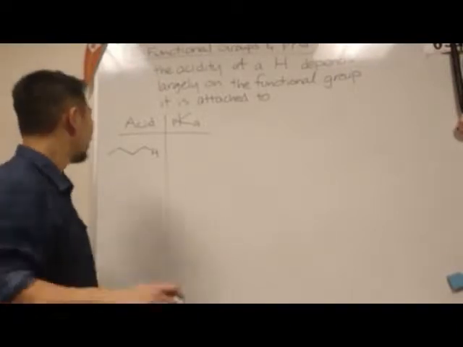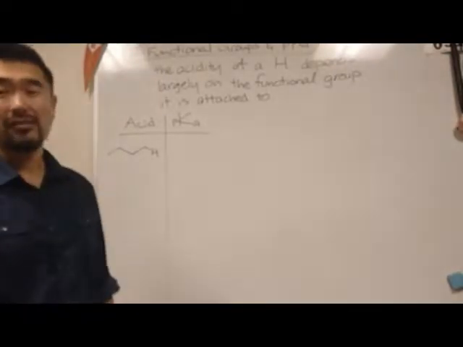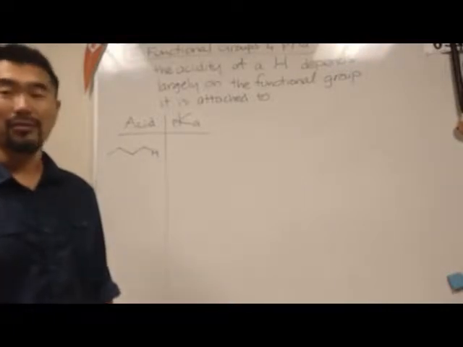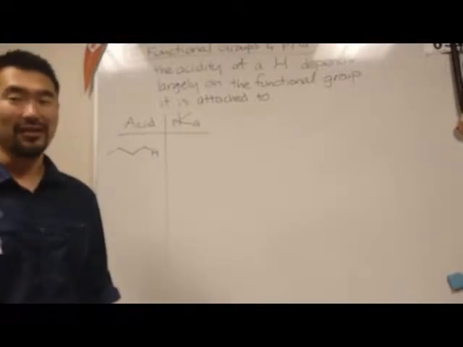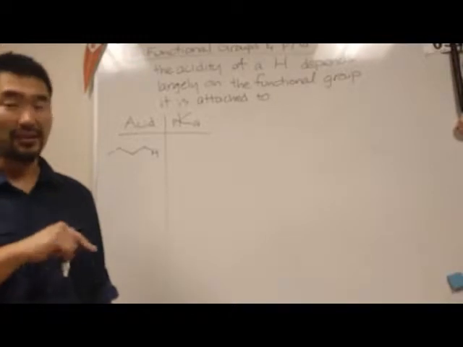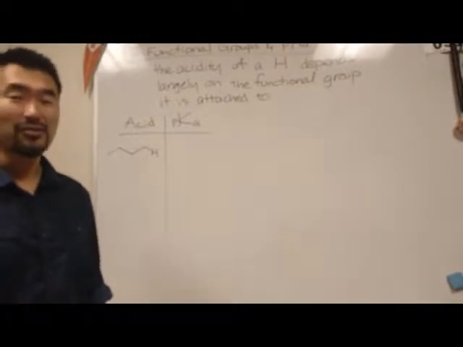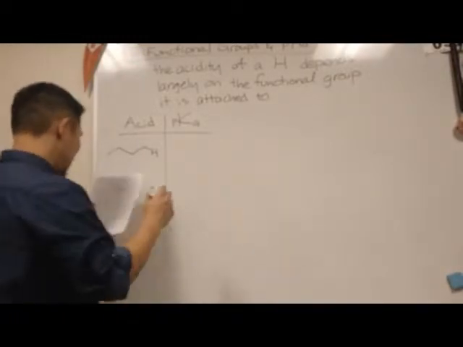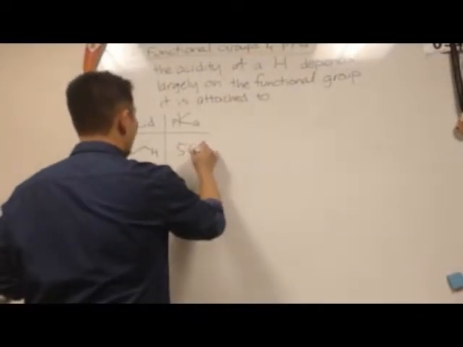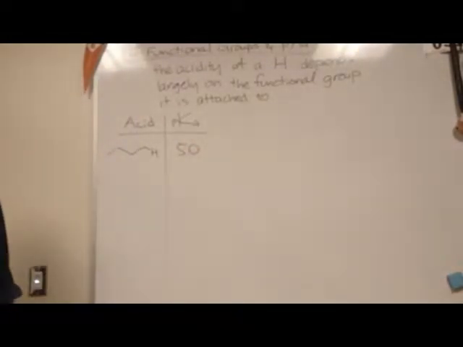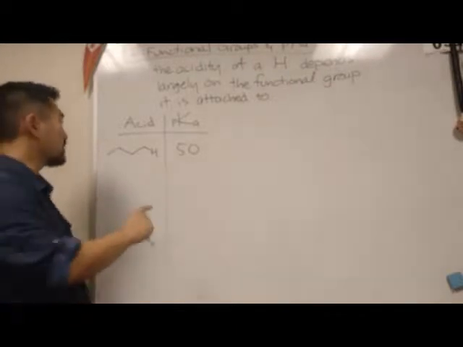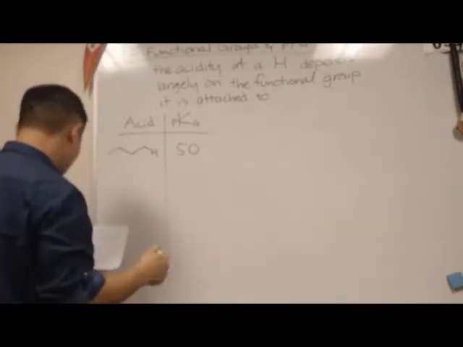Large, right? Thank you to the one out of the whole class that actually said large to the YouTube video and answered my actual question. Kudos to you. So that would be about a pKa of 50, because this is not at all acidic.